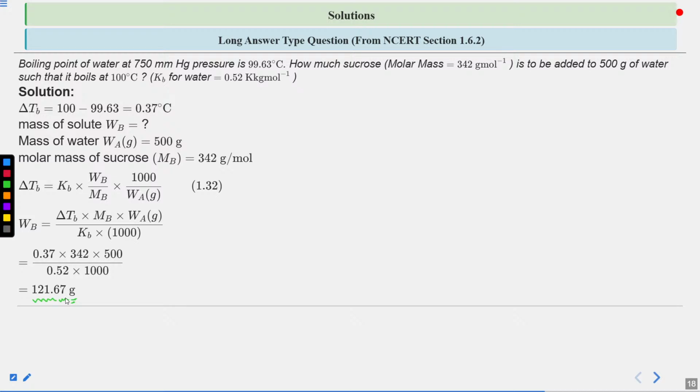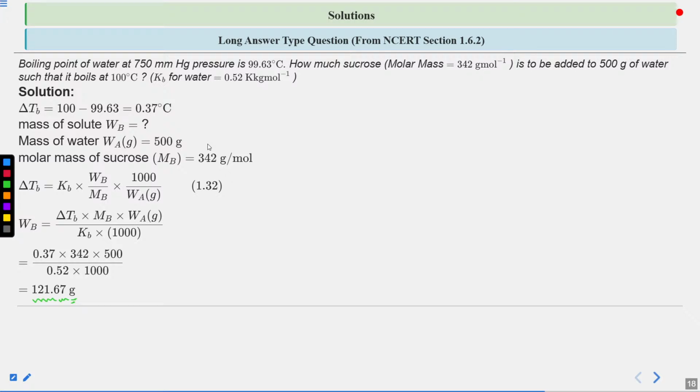Okay, generally it is asked like this, but you can write either 121.67 or 121.7 after the decimal. So this will be the whole explanation or the correct way of solving the question. First of all, you have to write the given quantities, then what you have to determine in the question, and then you start applying the formula.